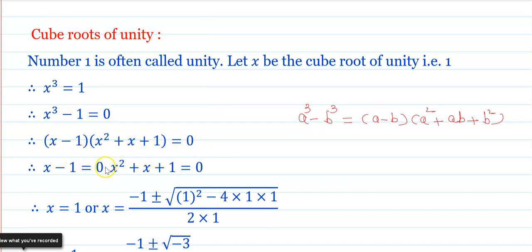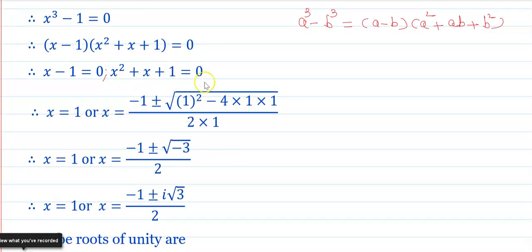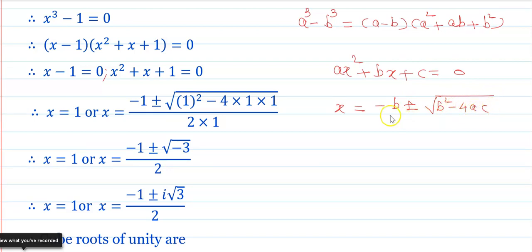X minus 1 is equal to 0 and x square plus x plus 1 is equal to 0. Therefore, you will get x is equal to 1 or x is equal to, using the formula. We'll solve this quadratic equation by using the formula. What is that formula? That is ax square plus bx plus c is equal to 0. Therefore, x is equal to minus b plus or minus root of b square minus 4ac upon 2a.